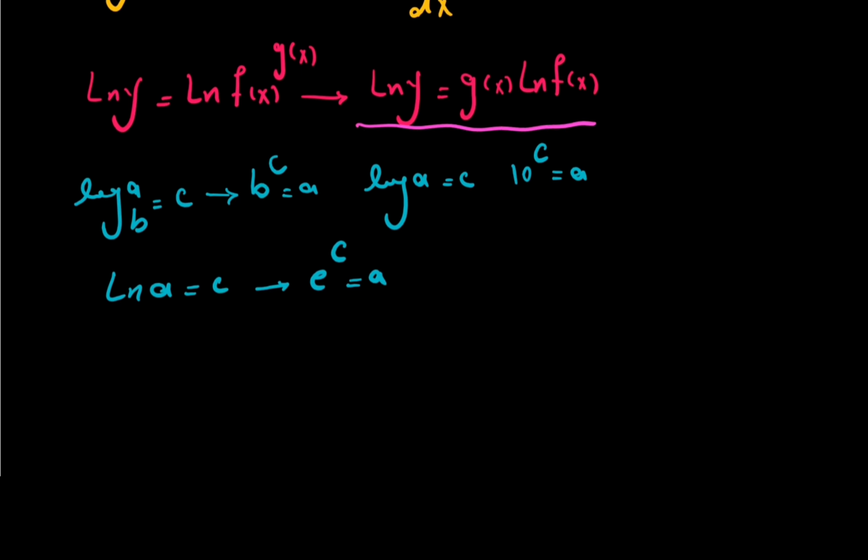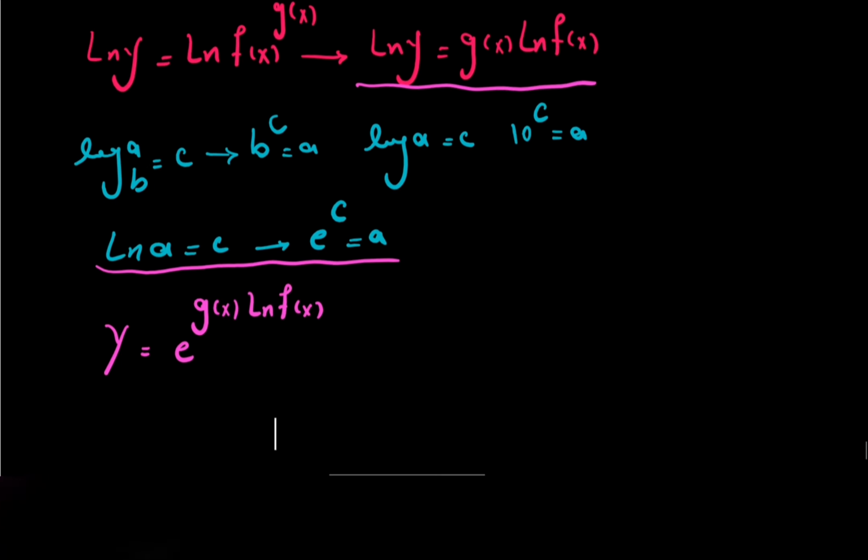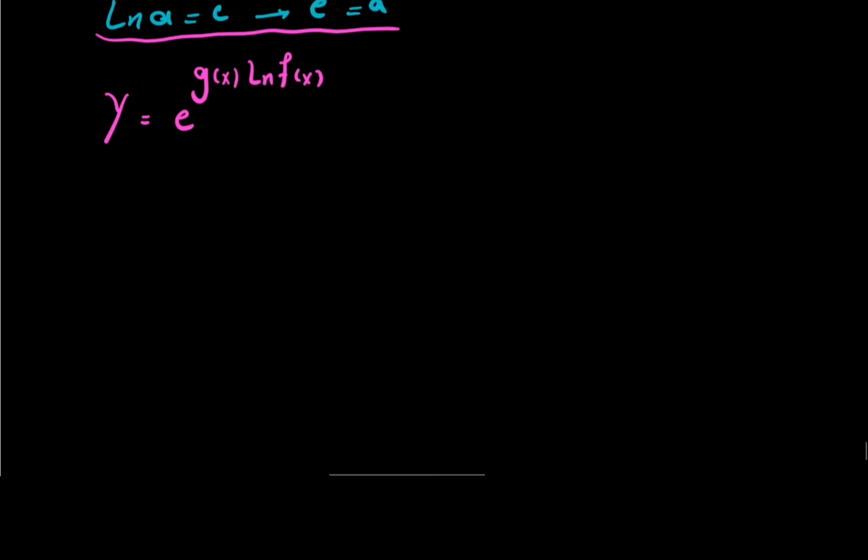Okay, and our question was this, and now according to this really nice point, we can write y equals e to the power of g(x) times ln f(x). So let's talk about the derivative, I mean y prime or dy divided by dx.